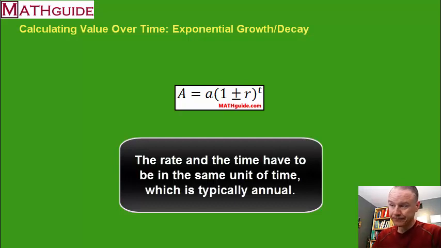It doesn't have to be. If that's the case, then time also is in years. So if you have a 4% growth rate per year, then time is obviously going to be in years also. So R and T have to match as far as the length of time, those units.